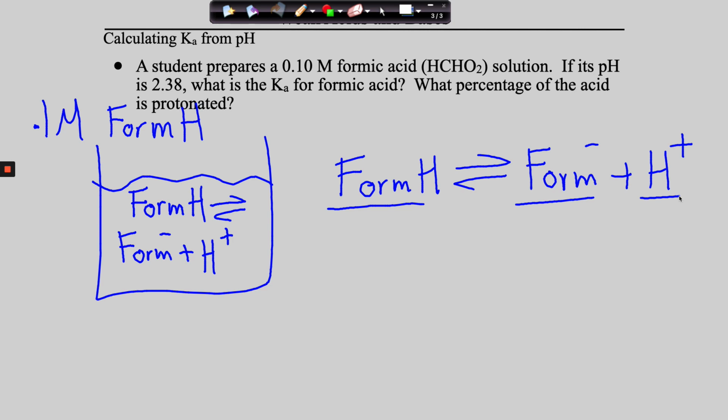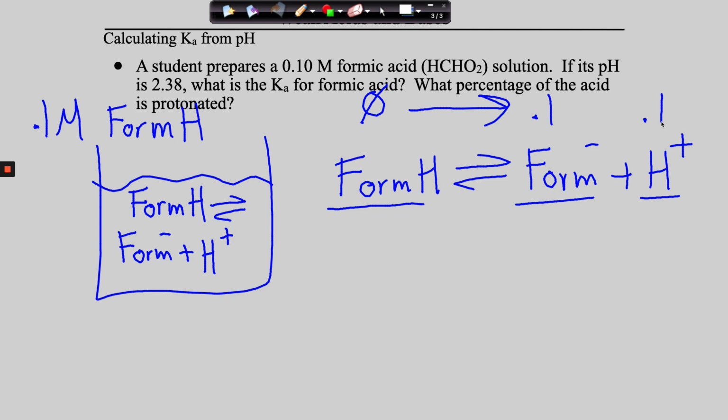So imagine that this is a strong acid. It's not. But imagine if this was a strong acid. How much of this would there be? None. It would obviously be a single-headed arrow. There would be none of this, so this would be 0, and these molarities would be 0.1 and 0.1. But this is a weak acid, so that's not what happens. So what is the concentration going to be if this reaches equilibrium?